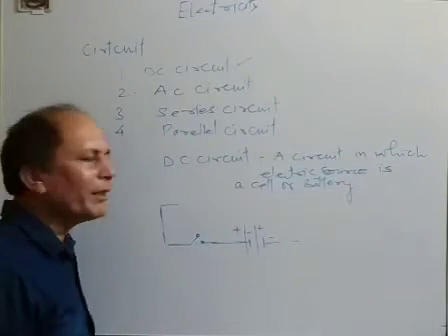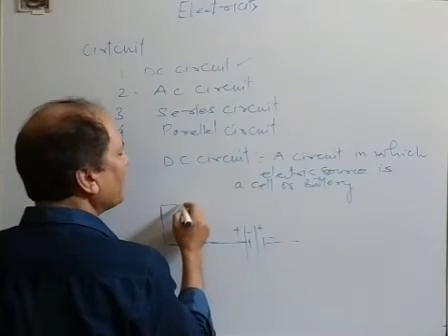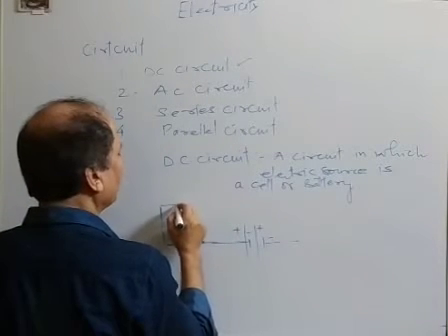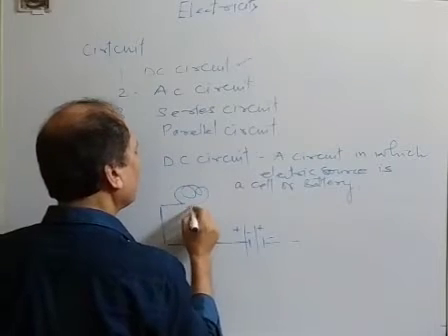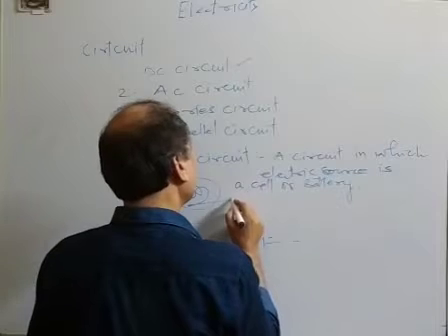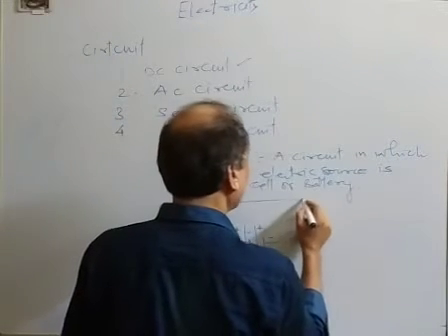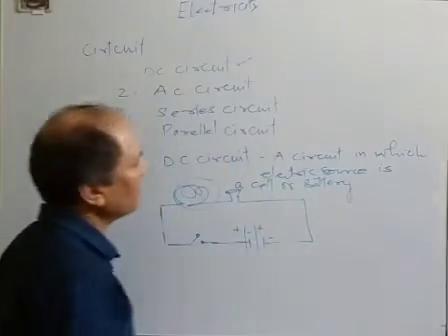So see this one by one. Suppose I am taking a bulb, and after that a speaker, and after that battery, the circuit is there.